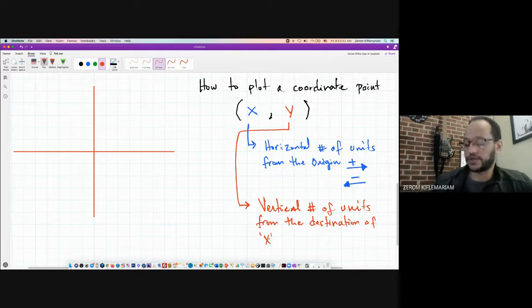From the destination of x, wherever I stopped at x, I'll be going up or down. If it is positive, I'm going up. If it is negative, I'm going down.